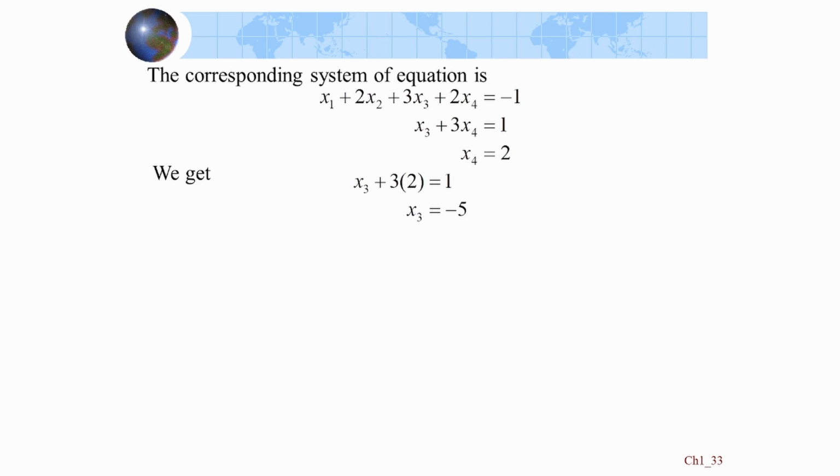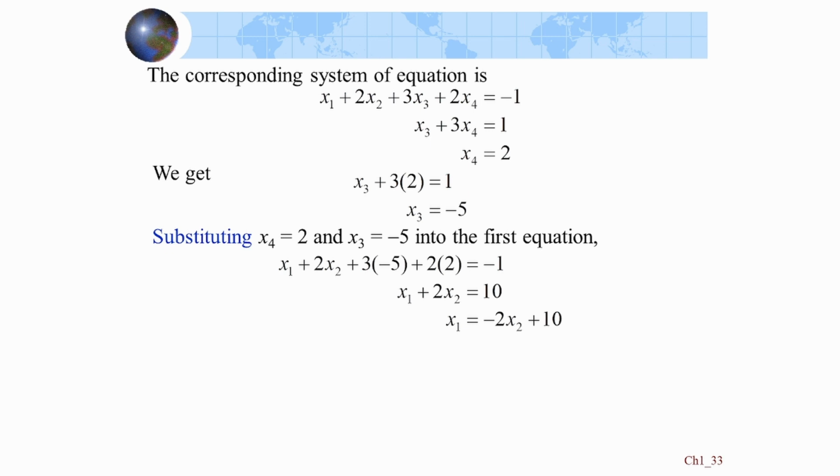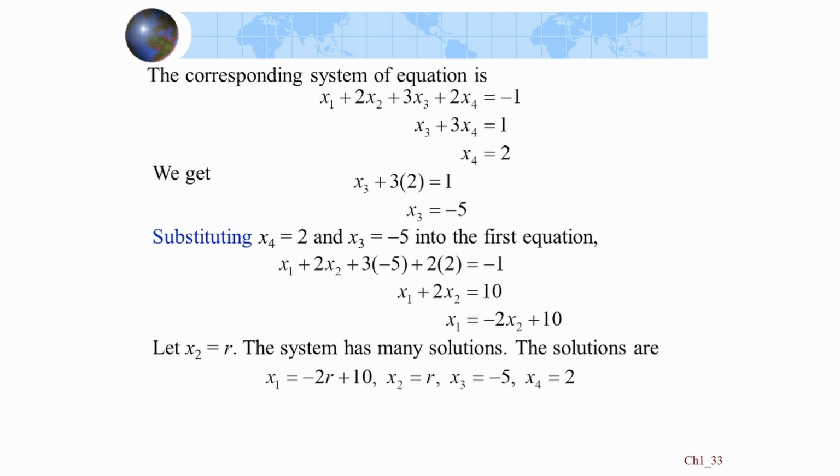Now, knowing x4, we can find x3. x3 is minus 5. Now you know x4 and x3, then you can get from the first equation the following.